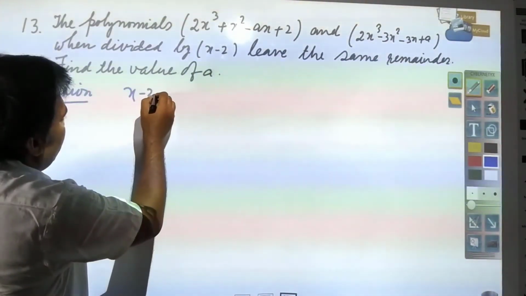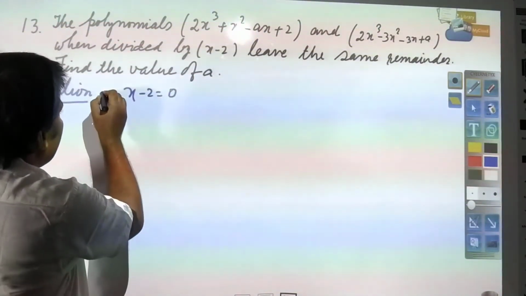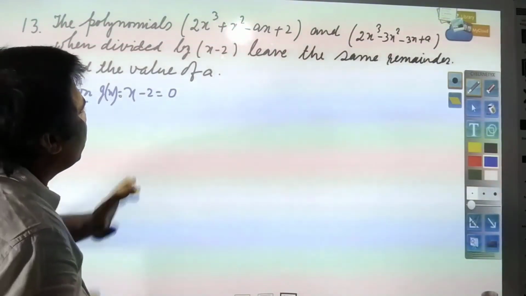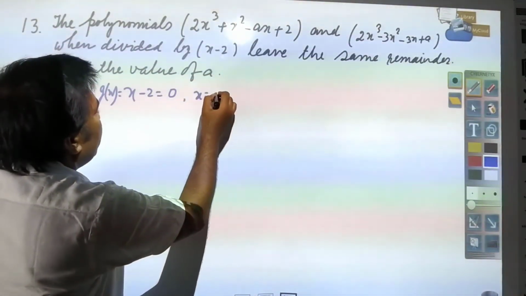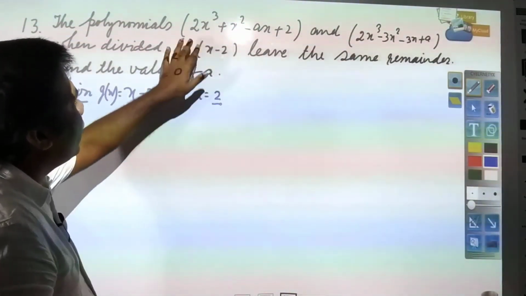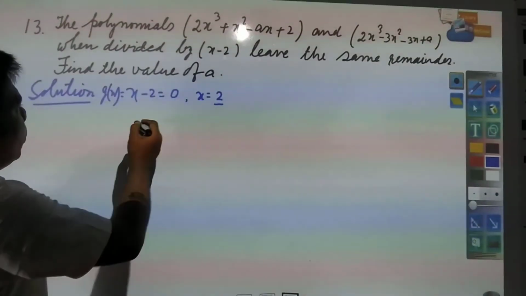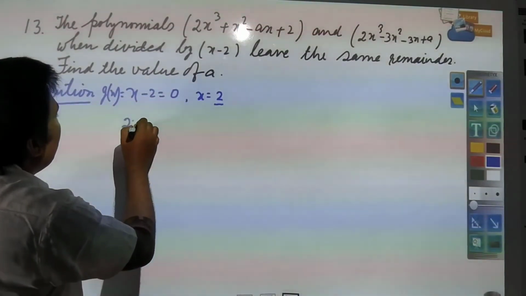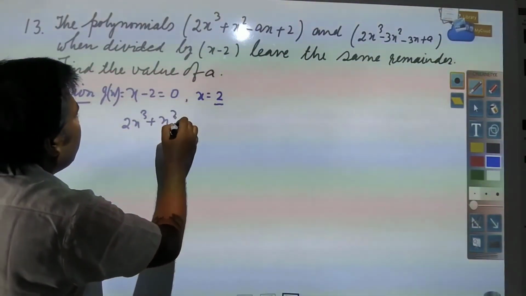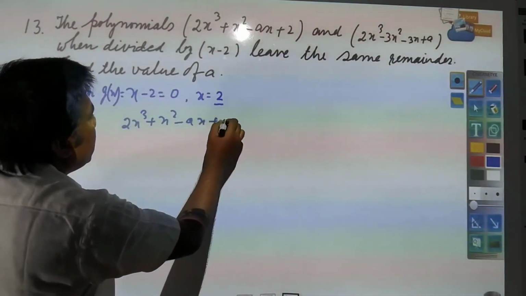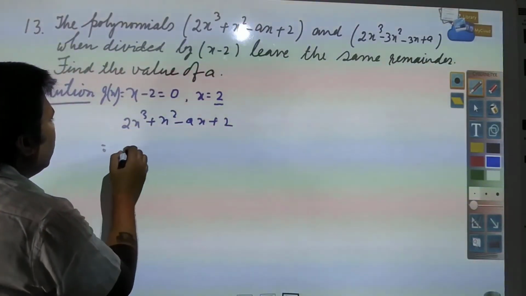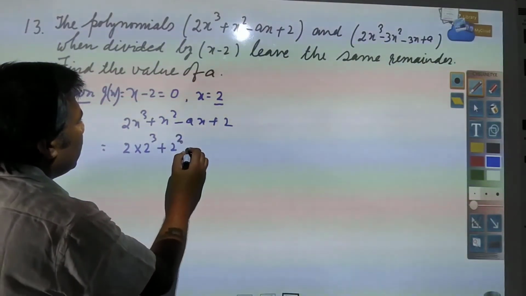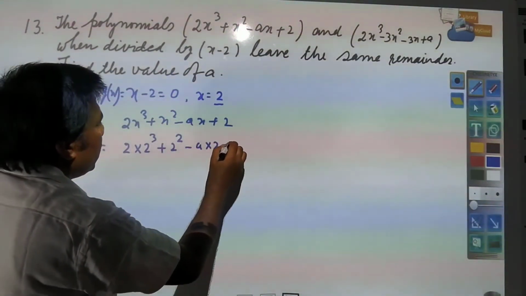So x minus 2 is equal to 0 we will do. Suppose this is gx. Gx is equal to x minus 2 and that is equal to 0. So x will be 2. Now you put the value in both the expressions. You need to put the value of x in this equation, 2x cube plus x square minus ax plus 2, and find out the value. 2 into 2 cube plus 2 square minus a into 2 plus 2.